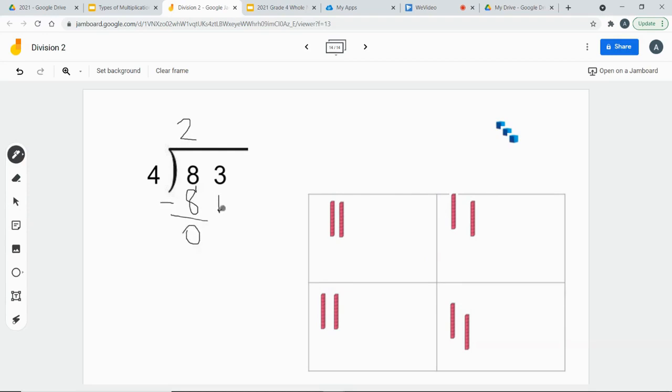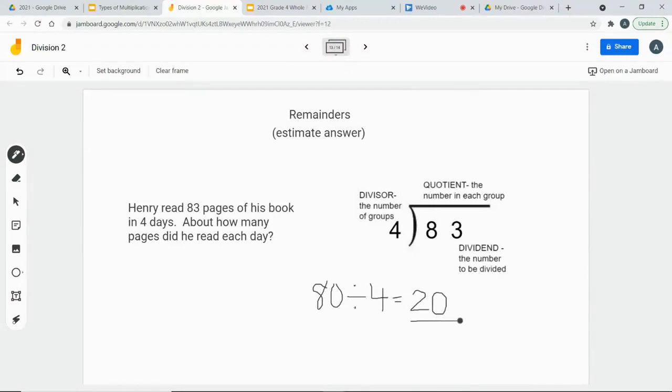Bring down that 3 because I have 3 ones. But I can't divide my 3 into 4 groups. So I can put 0 ones in each group. 0 times 4 is 0, and I have a remainder of 3. So about how many pages did he read each day? He read about 20, which is very close to my estimate.